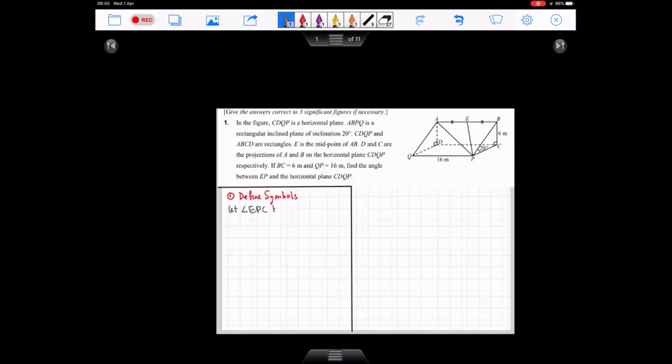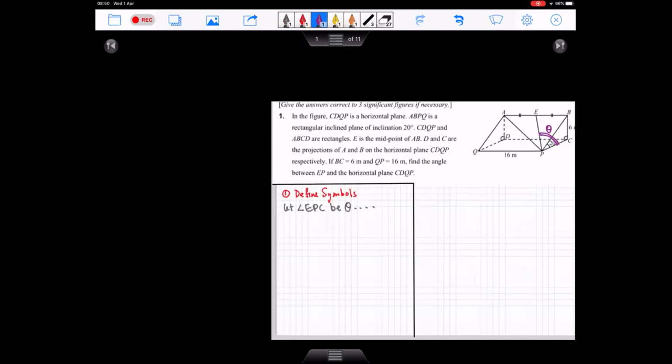That is one way you can do it. Or you can do it like this: you can mark it on the diagram clearly. This is theta. And then you put a footnote in the writing of the answer with notations on the diagram.